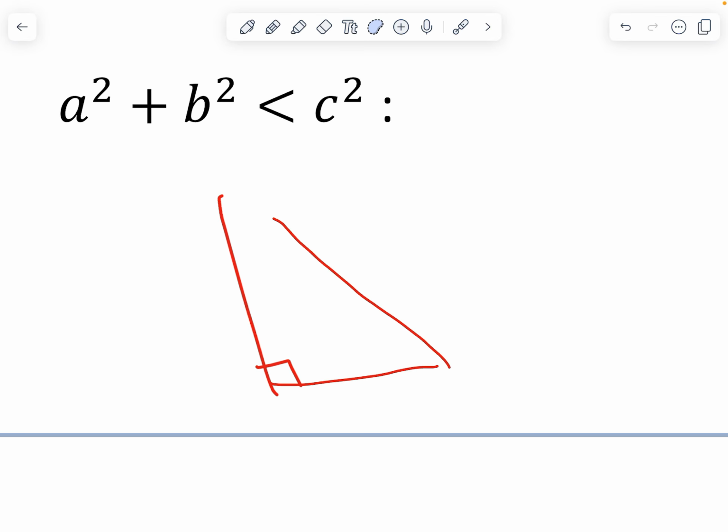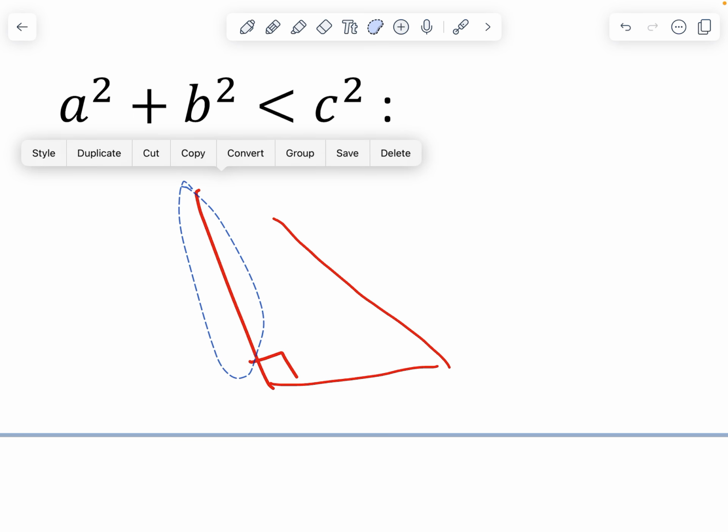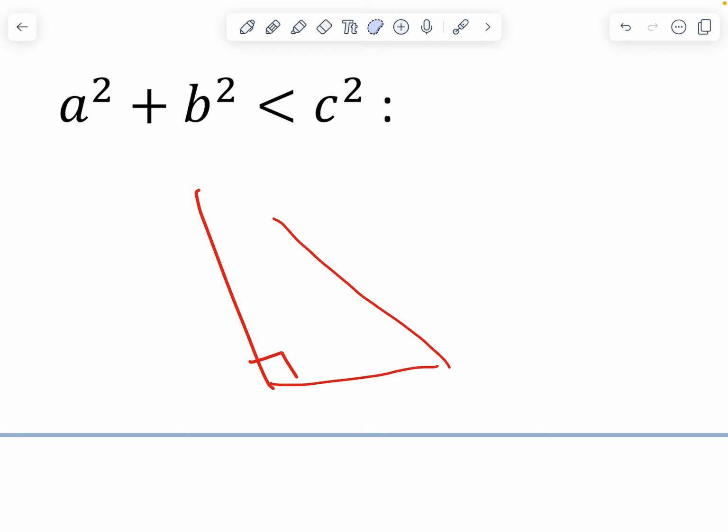You could have basically an angle that's bigger than a right angle, right? Like this angle down here is bigger than a right angle. It's an obtuse angle, okay? And as we see, in order to make that angle bigger, I had to add extra space over here. So that made the hypotenuse bigger, right? These sides didn't change. A and B stayed the same, but C got bigger, okay?